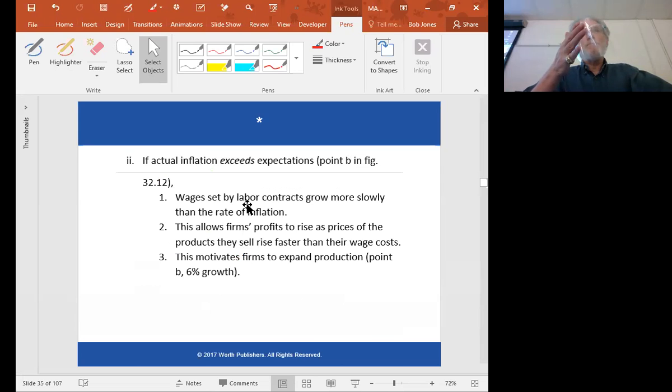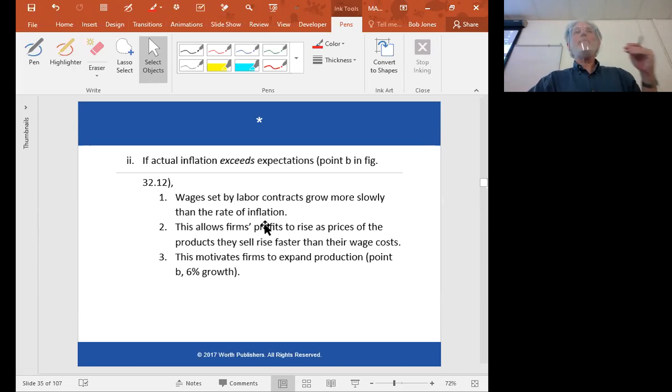Think about how this affects businesses. Businesses are trying to make profit. So their wage costs are going to go up by 2%. But if we're having 4% inflation, that means on average, businesses are able to change the prices they charge by 4%.